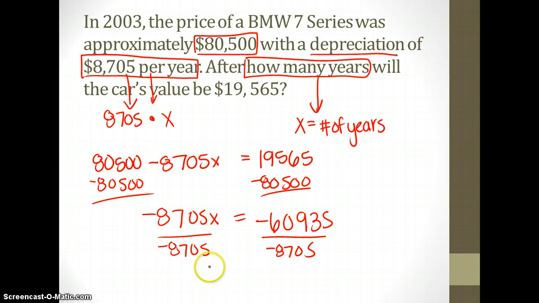The answer is x is 7 years. When we're answering a question like this, we want to make sure we're giving it context. After how many years? It's going to be 7 years. So make sure you can model this situation using an equation. That's the idea of this section in particular.